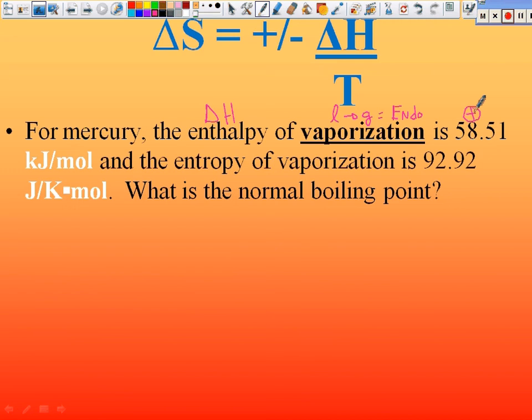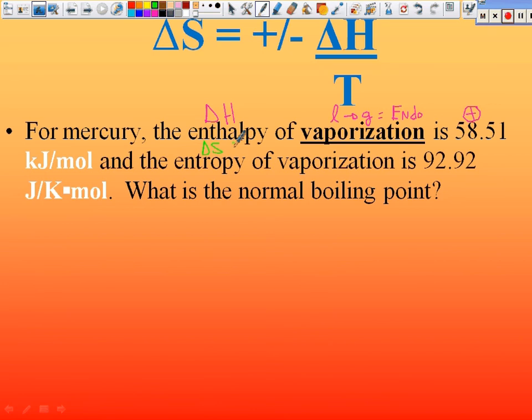And then it says it's 58.51 kilojoules per mole. And the entropy of vaporization, delta S, is 92.92 joules per Kelvin per mole. And then the question is, what is the normal boiling point, which is vaporization, correct? Do you agree that's liquid to gas?